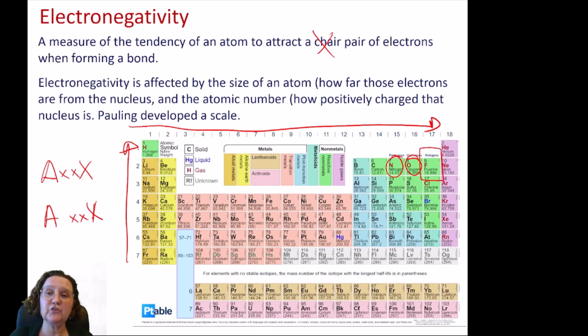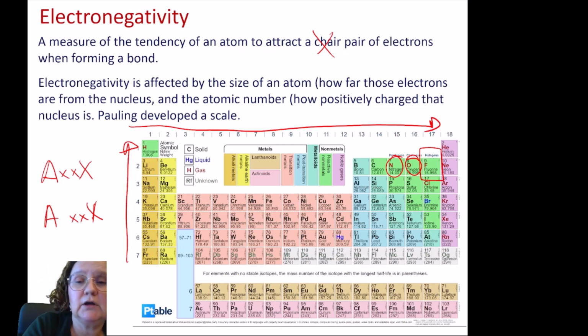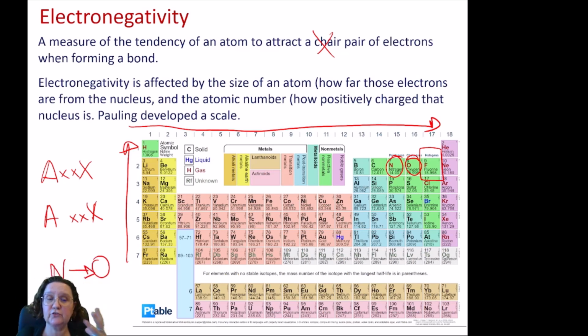In a competition for electrons in a bond, fluorine always wins. If you have a nitrogen and an oxygen attached, oxygen will be stronger than nitrogen in attracting those electrons from the bond.